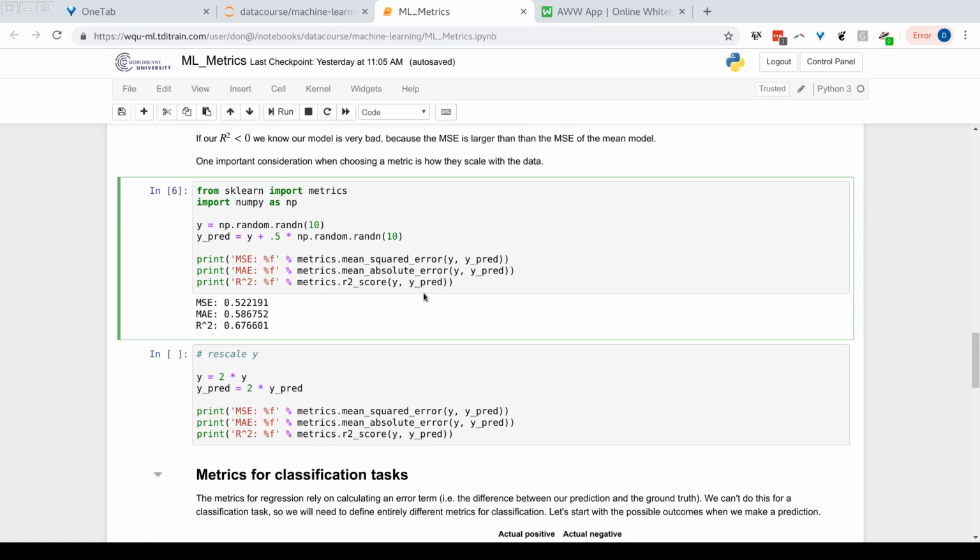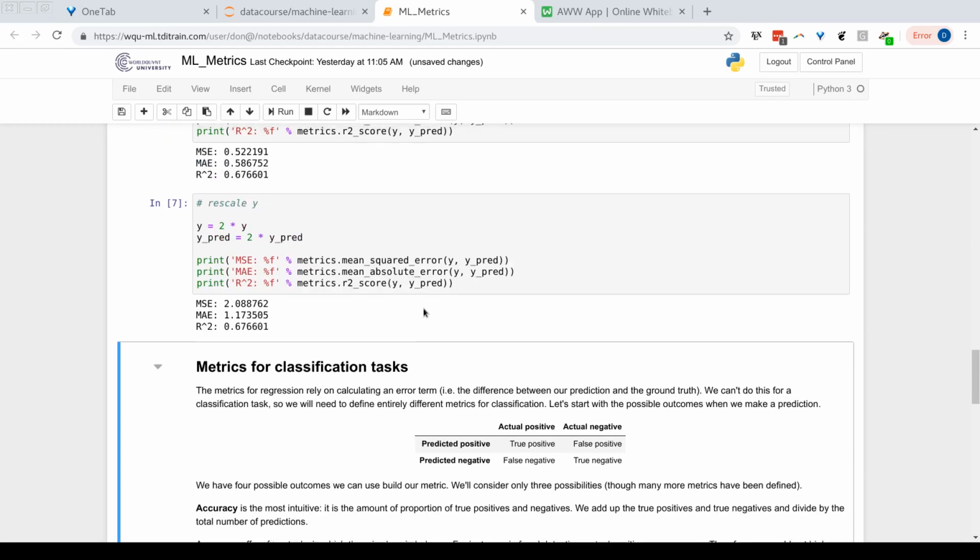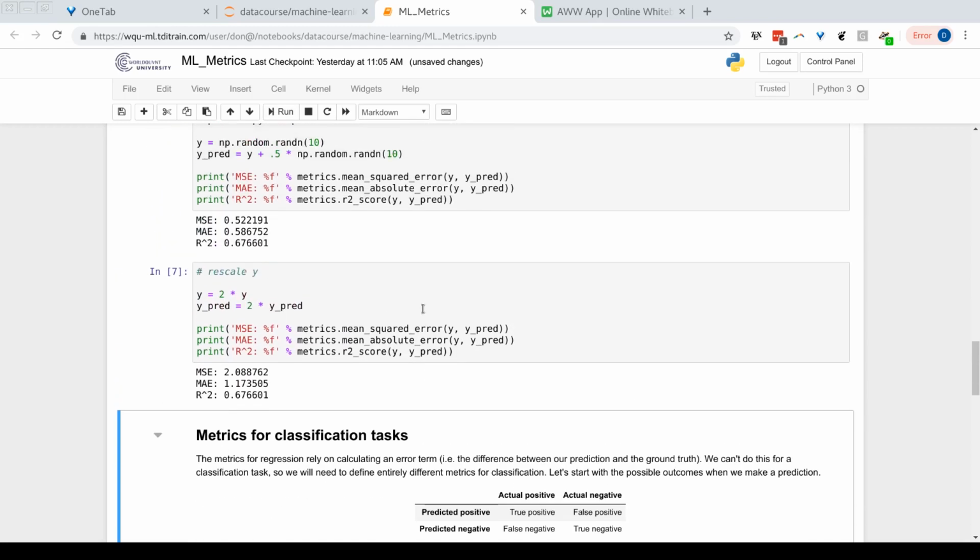Now one thing that we'll notice is that a nice property of the R squared value is that it doesn't change depending on the scale of our labels. If we double the value of our labels, the other metrics like mean squared error and mean absolute error increase, but the R squared value stays the same. So it's invariant to the scale of our labels, which is also a nice property.